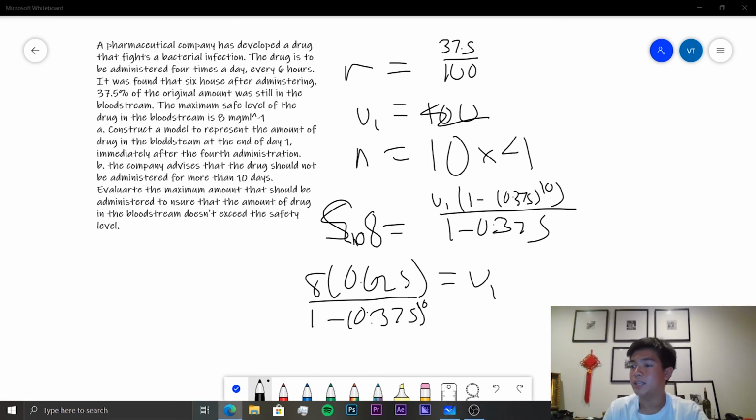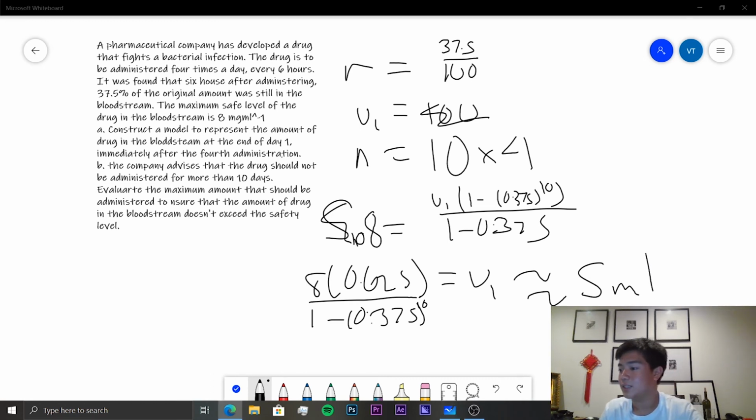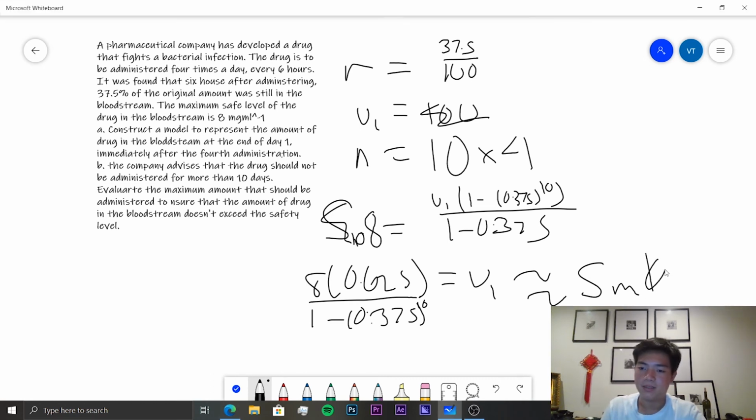So let's punch that into a calculator. And we get the initial dosage should be around 5 milligrams. Let's check if that's correct. And that's correct.